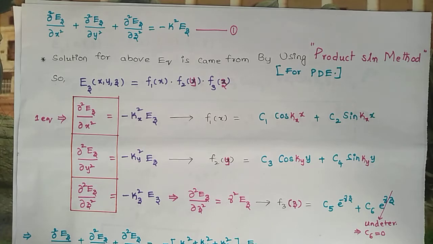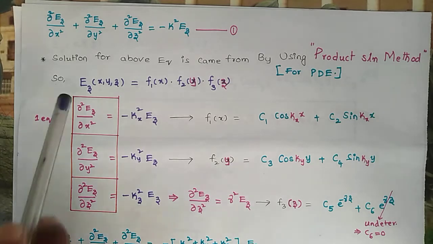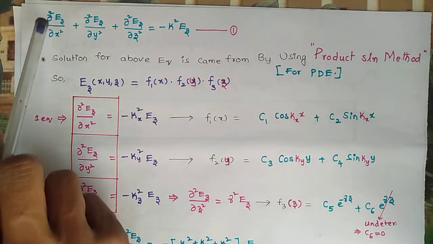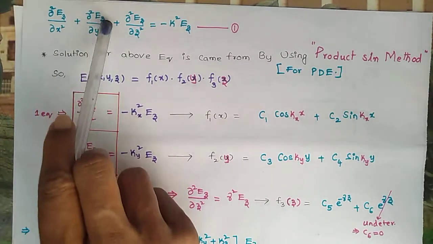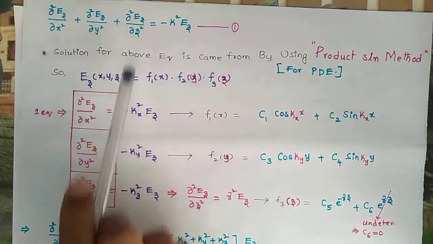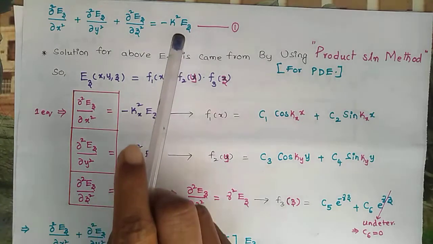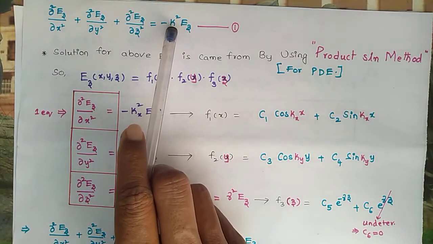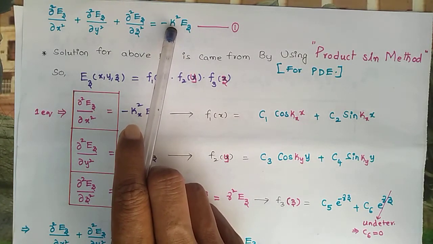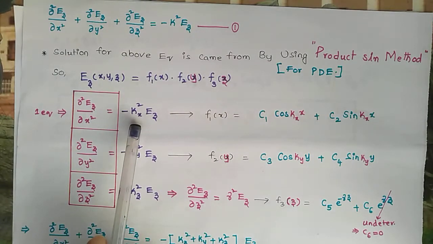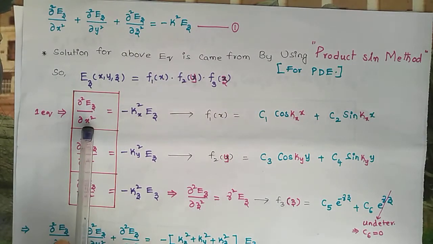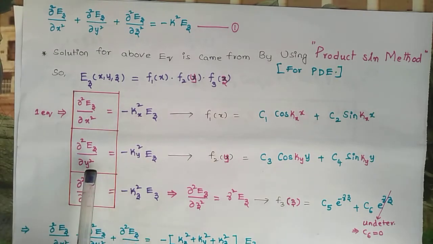I am splitting this equation into three terms: dou square Ez by dou x square, dou square Ez by dou y square, dou square Ez by dou z square. Here I am taking the constant minus k square, but for the partial derivative with respect to x, y, z, I am taking kx square, ky square, kz square.